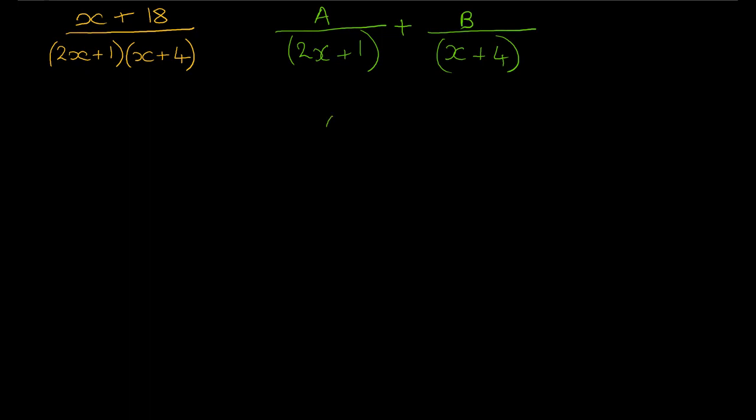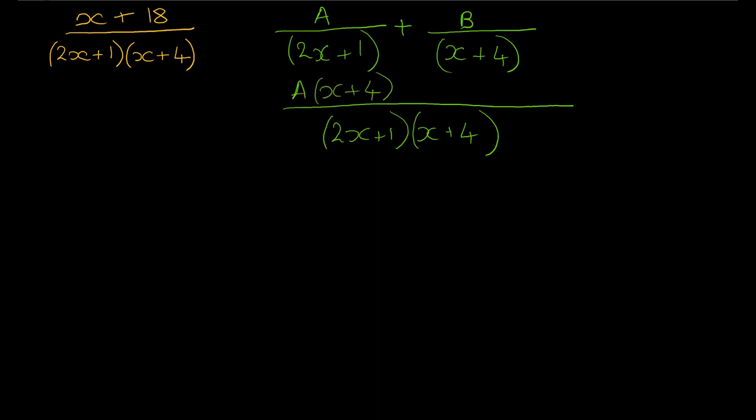So if we did that, we'd have 2x plus 1 x plus 4 on the bottom, and then we'd have a times the x plus 4 plus b times the 2x plus 1 on top.